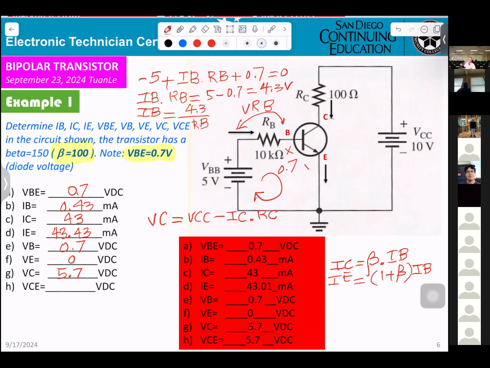Last one, VCE. You get the same answer, 5.7. VC is 5.7, right?